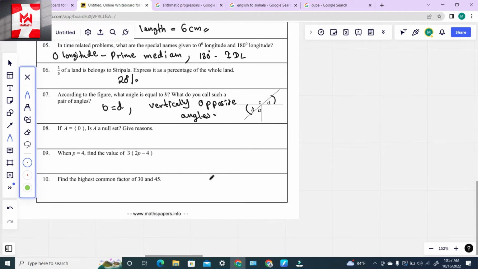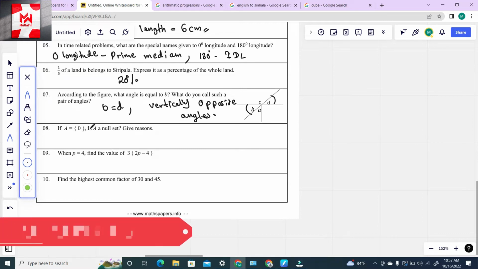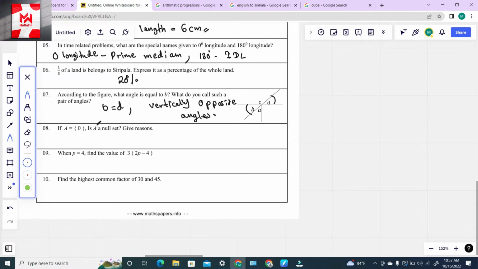Eighth question. If A has 0 elements, they are asking is A a null set, and they give a reason. So the null set means no elements.